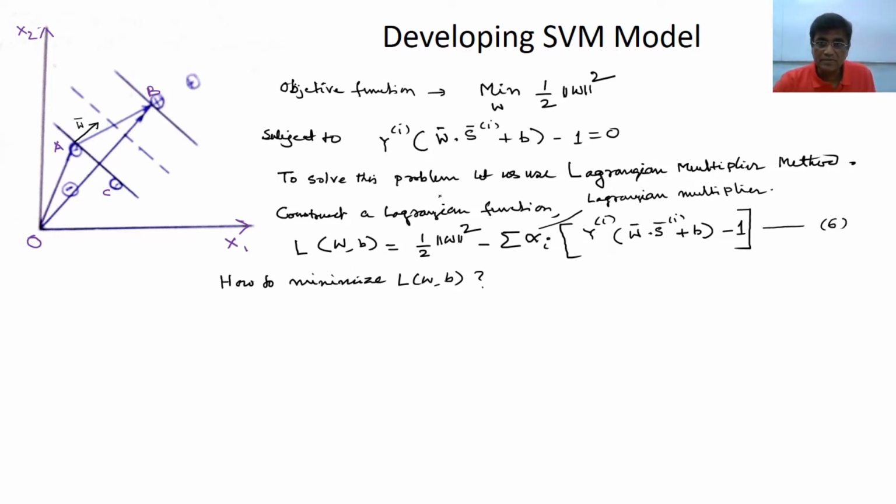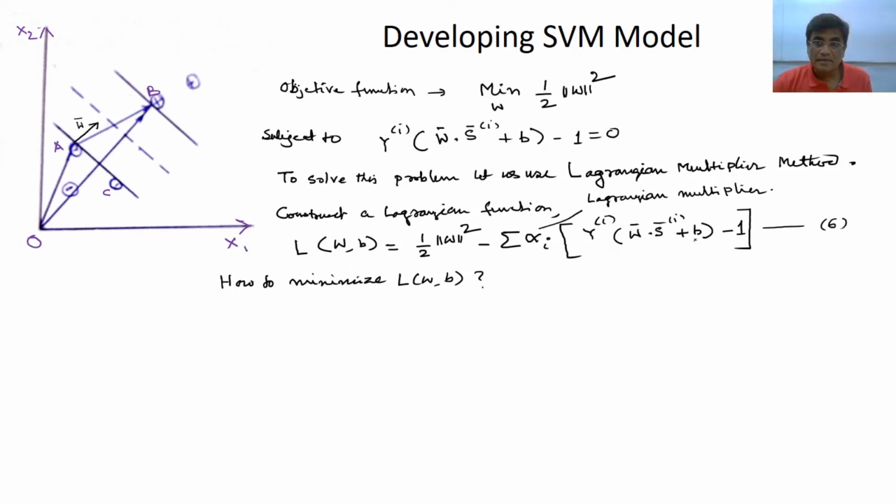If you have so many constraints, corresponding to each sample there will be one constraint, and that many multipliers have to be there. Lagrangian multipliers alpha 1, alpha 2, alpha 3. If I consider say 3 support vectors, there will be alpha 1, alpha 2, alpha 3, and so on and so forth.